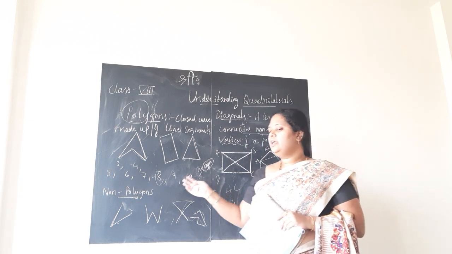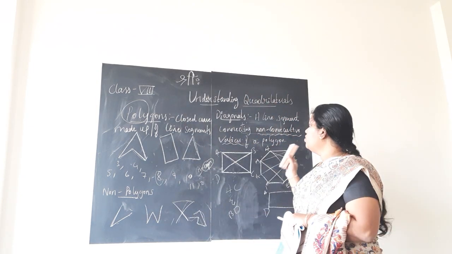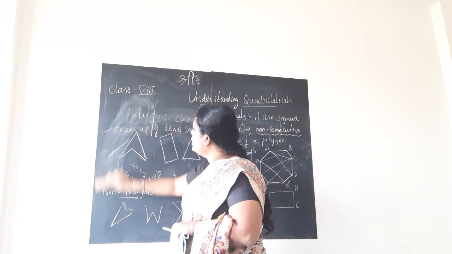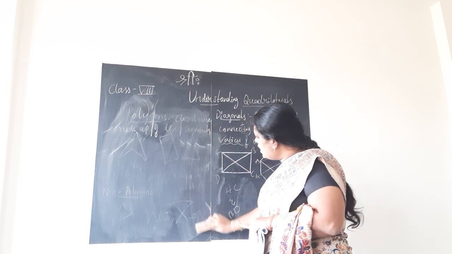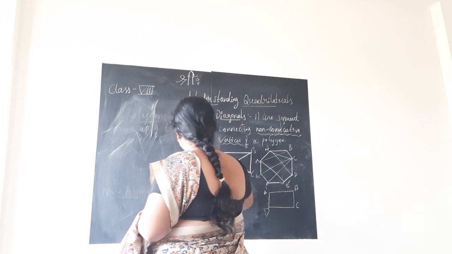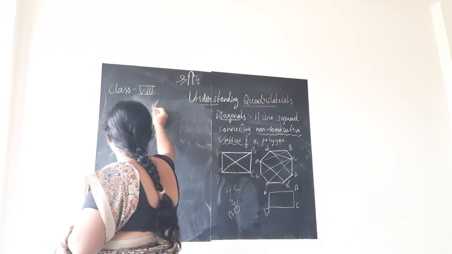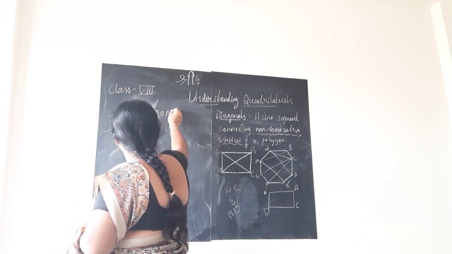So after understanding what polygons are, their classification, and what a diagonal is, children, now we shall study the types of polygon. There are two types, convex and concave. You all have studied mirrors in physics. Which are the types of mirrors you know?